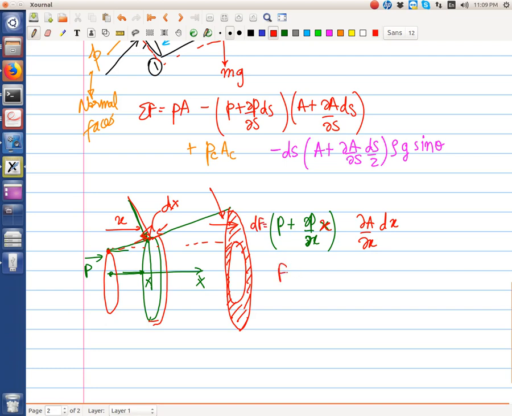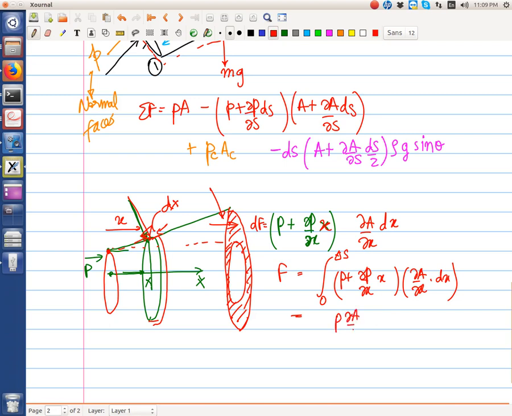So what is F? F is equal to the integral of P plus del P del x x, del A del x dx, which goes from 0 to delta s. This will be P plus del P del x, let's multiply this completely.